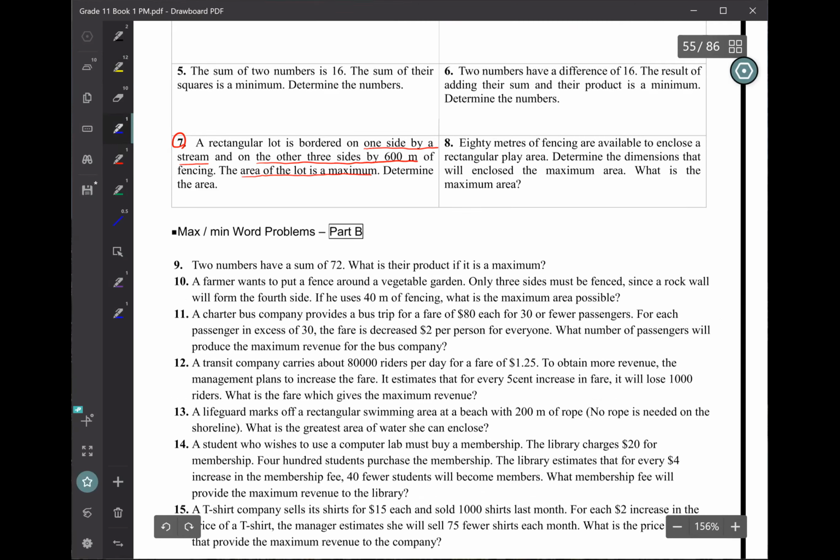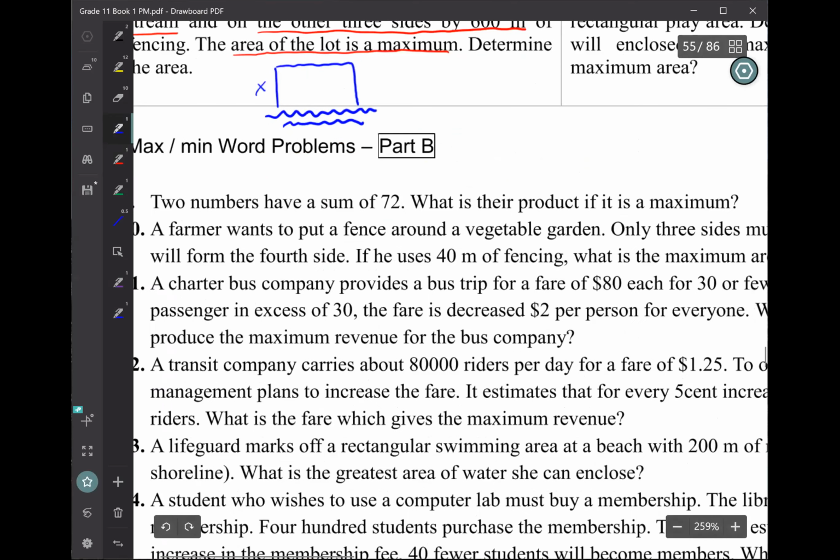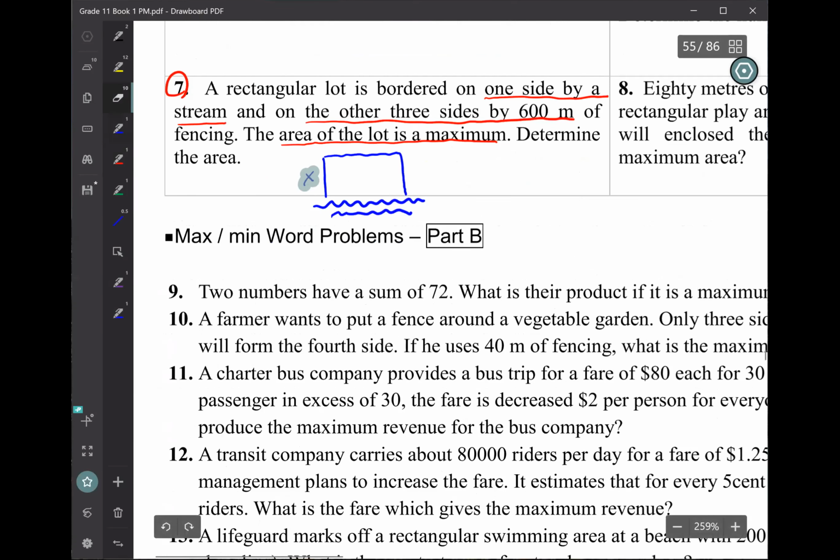So the picture, you have three sides. Those are 600. And one of the sides is the river, so your 600 is only those three. You can choose either this one to be X, or you can choose the top one to be X, it doesn't matter, up to you.